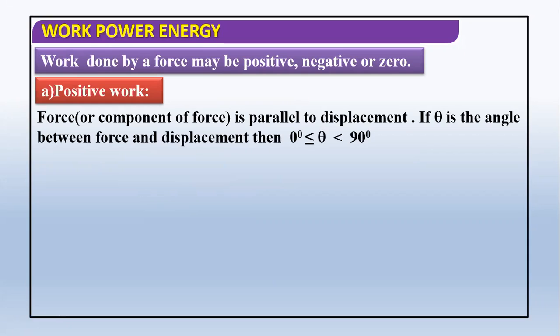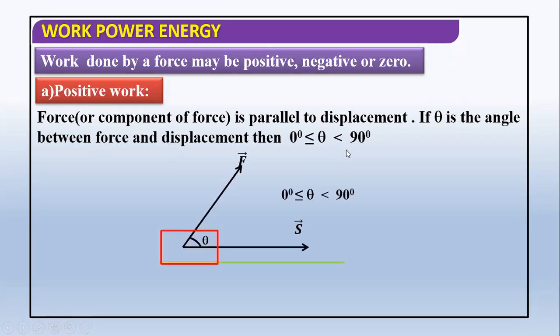When the component of force, or the force, is parallel to displacement. Parallel to displacement means in the direction of displacement, which means the angle theta between force and displacement is less than 90. Okay, so I can show you with a diagram.